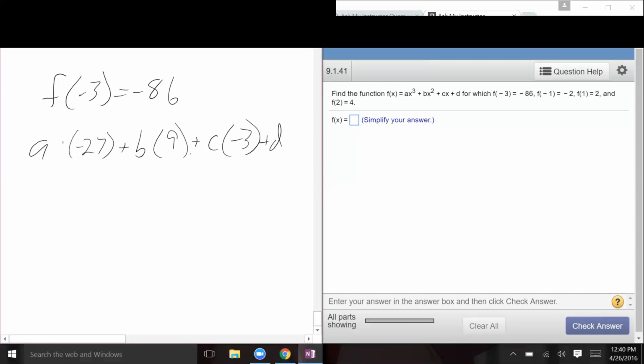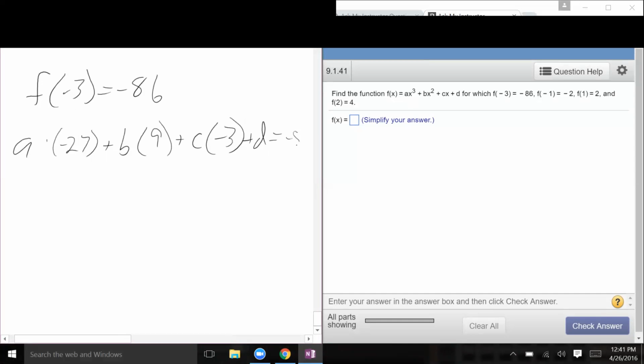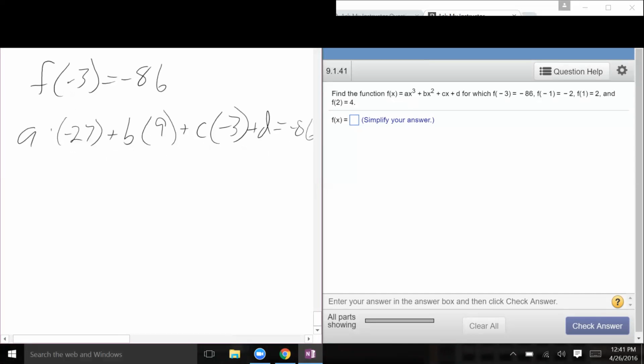On one hand, that's what f of -3 is, what I get when I change all the x's to -3s. On the other hand, I'm supposed to get -a6. So that's going to be my first equation. Let me write it a little prettier: -27a plus 9b minus 3c plus d is -a6.